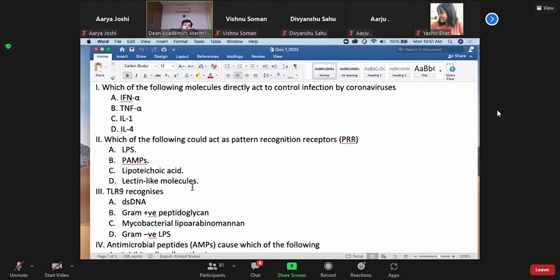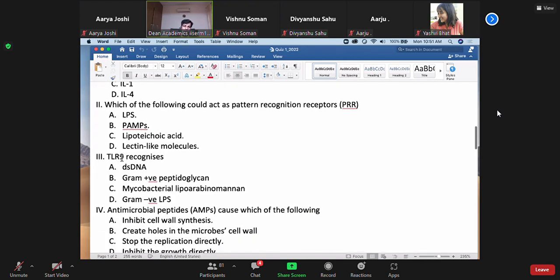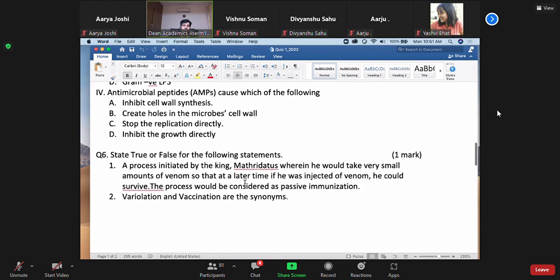Lectin-like molecules can serve as PRRs. TLR9 can recognize CpG, double-stranded DNA. Antimicrobial peptides create holes in the microbes. And these are all false, actually.